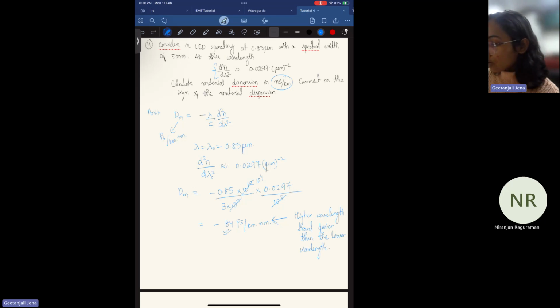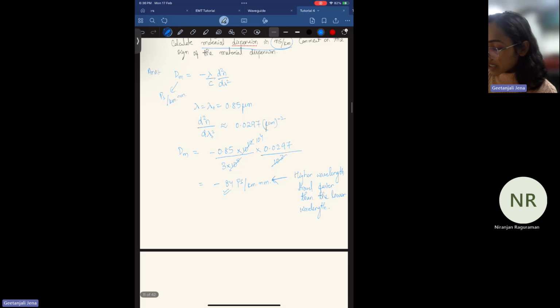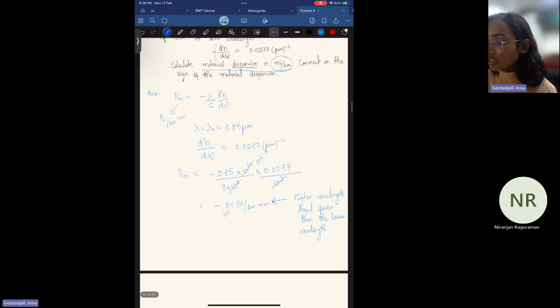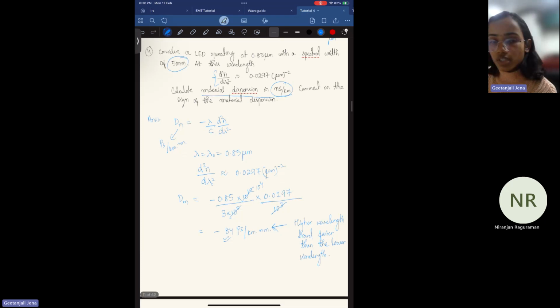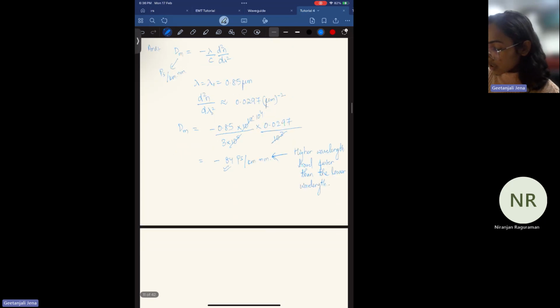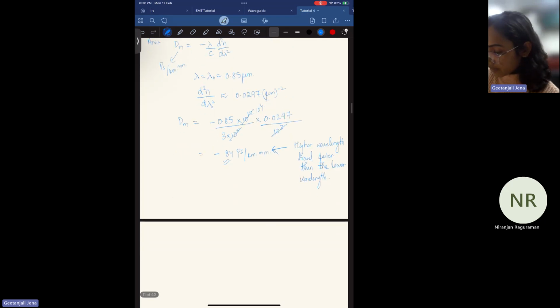Okay. Now, to get material dispersion in terms of nanosecond per kilometer, we have to multiply dm by the spectral width of the source, which is given as 50 nanometer, and convert picosecond to nanosecond. So we have delta tau m, which is dm into delta lambda.